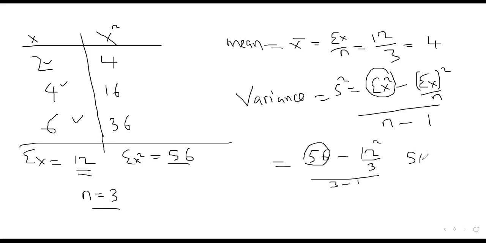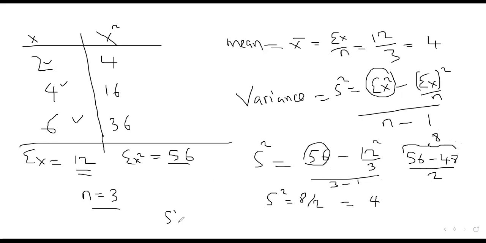So you have 56 minus 48, then 3 minus 1 is 2. So now we subtract. 48 from 56, we get 8. 8 over 2, what do we get? It's a 4, right? So the variance is 4.